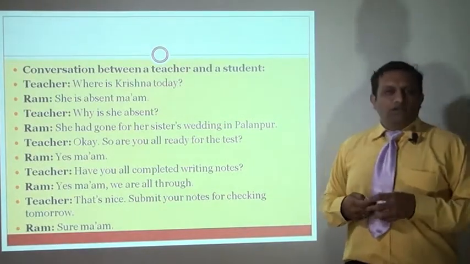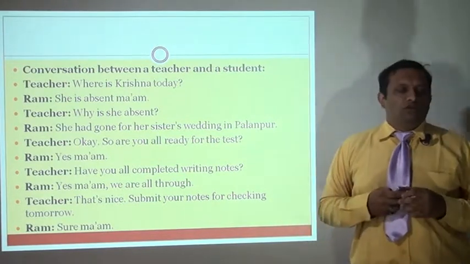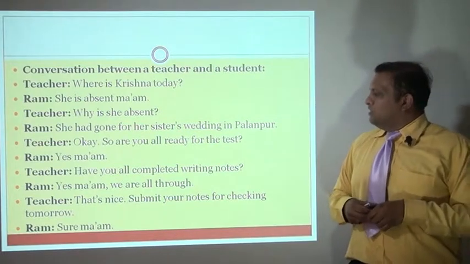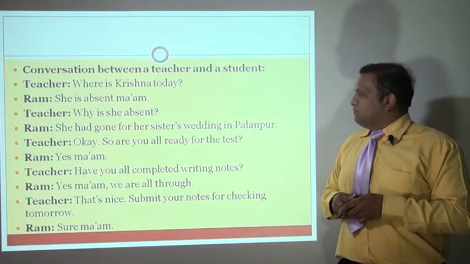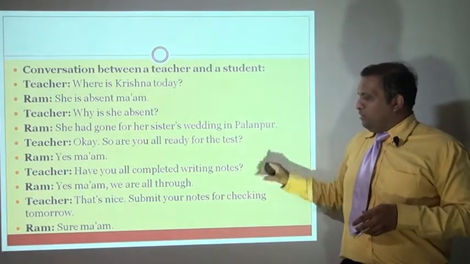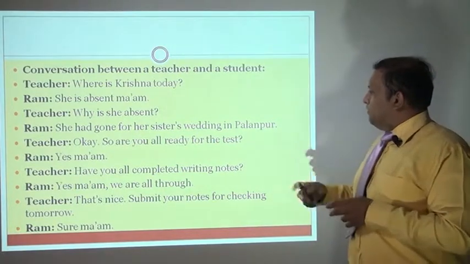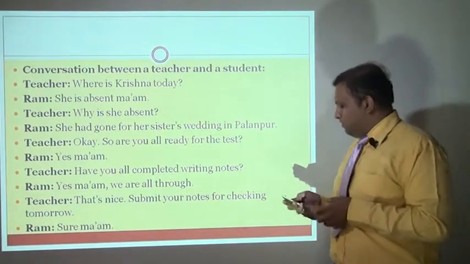Conversation between a teacher and a student can be a very formal conversation which cannot be a casual one, and which generally has a purpose. For example, in this conversation, the teacher is trying to ask the student why she was absent, or referring to a friend who is absent. The person is trying to convey that she is out of town and won't be coming back for a while.